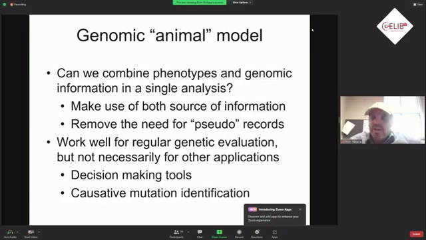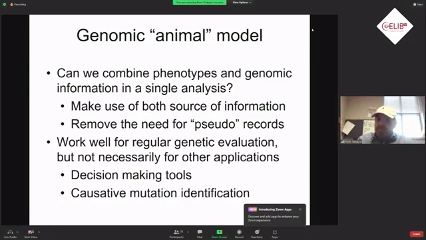So what I presented before in the animal model assumed that all the animals were genotyped. In that case, G covers everybody, right? But now I'm moving to the situation where I'm going to use a genomic animal model, but some of my animals are not genotyped. In that case, we're going to combine the pedigree information with the genomic information, the phenotyped and non-phenotyped individuals, all together into one single analysis.